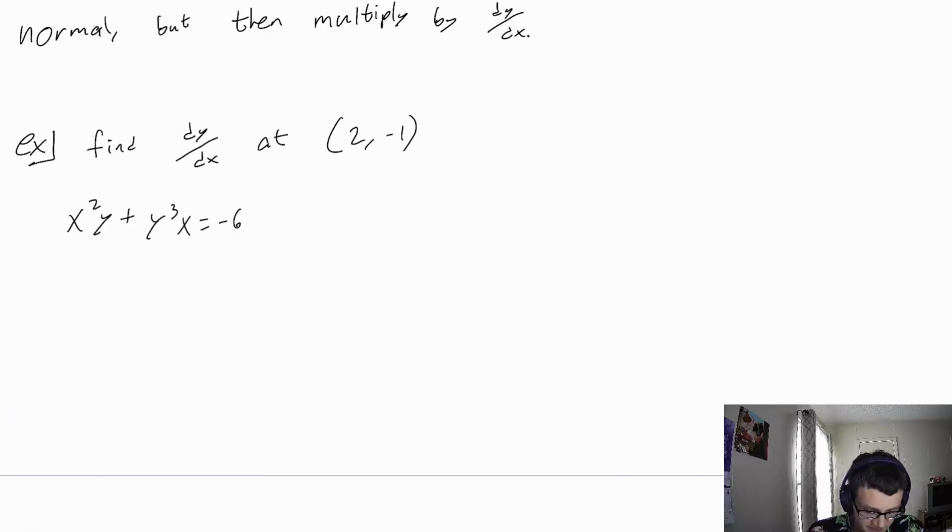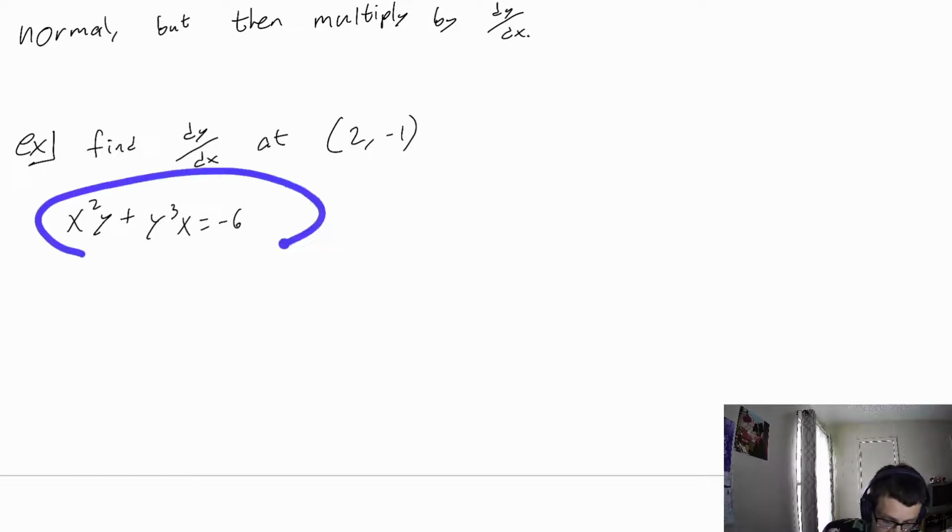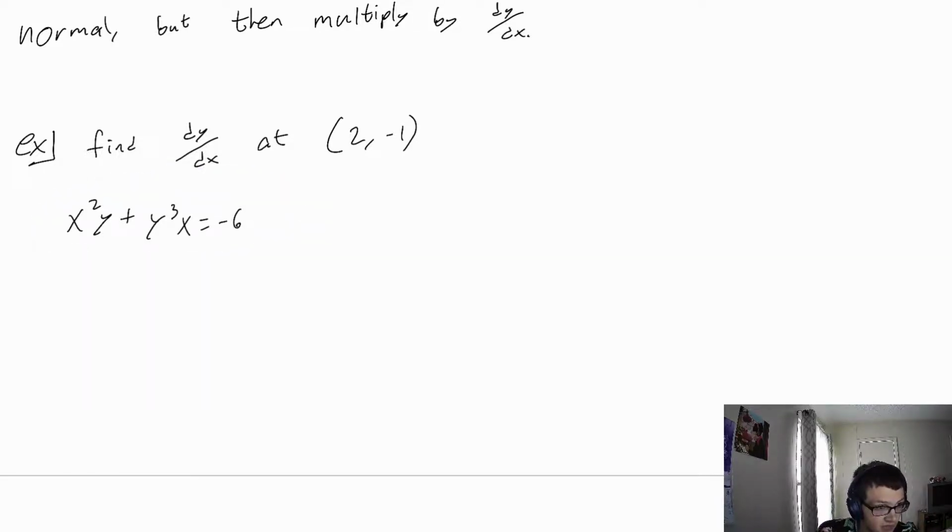The first one says find dy dx at 2, negative 1 of this given equation. Okay? Let's go term by term. We're going to take the derivative with respect to x of both sides. Going term by term. For x squared y, we have to use the product rule because y is a function of x. Like the value of y implicitly depends on x.